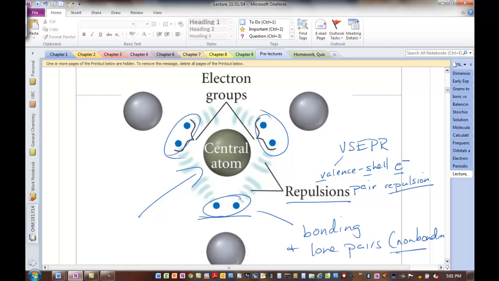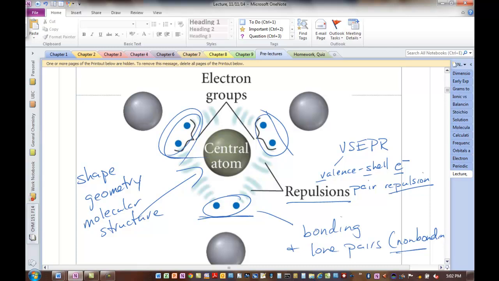Now we're going to look at repulsions between the pairs around the central atom and how that will influence the shape or geometry, these all mean the same thing, or molecular structure of the molecule. You may or may not have even thought about it, but the Lewis model doesn't really tell us anything about shape.